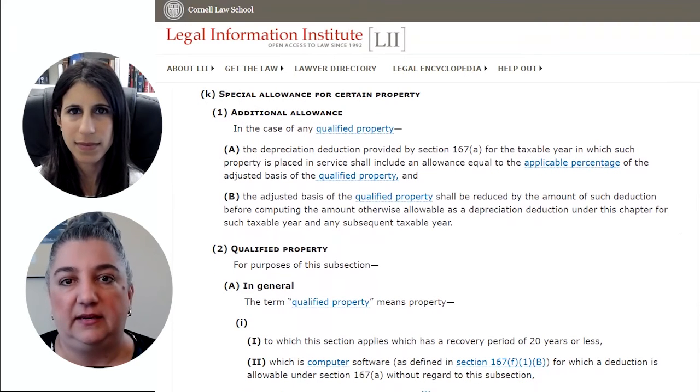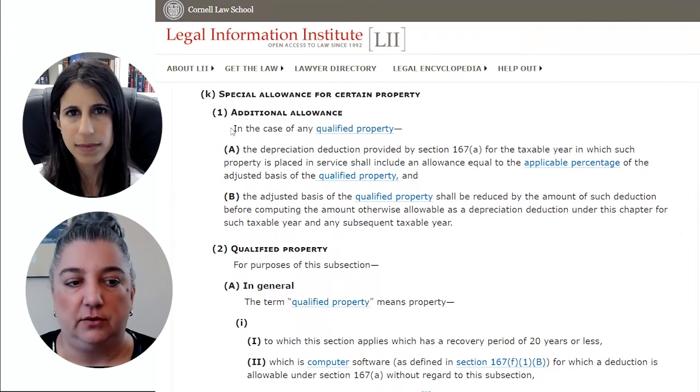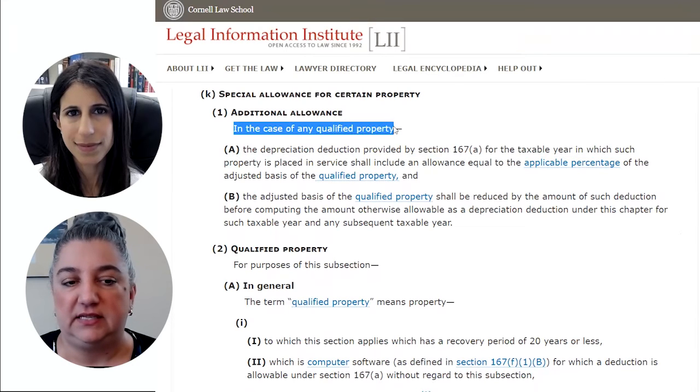So notice that Section 168(k) bonus depreciation only applies for the taxable year in which the taxpayer places the property in service. Notice also that applying Section 168(k) rests on the property being so-called qualified property.